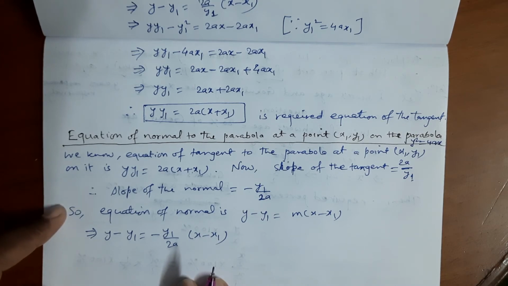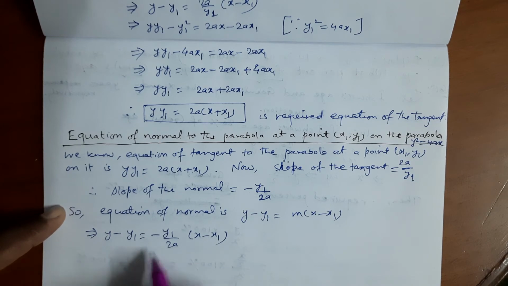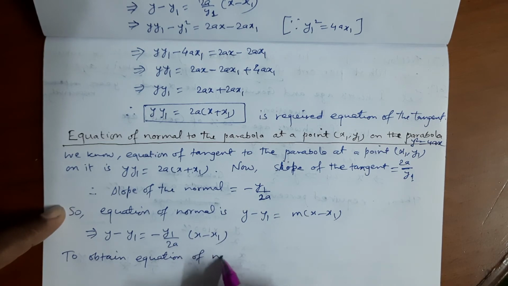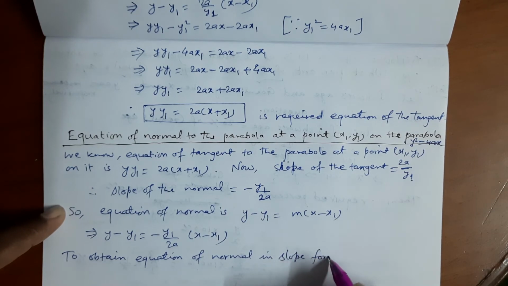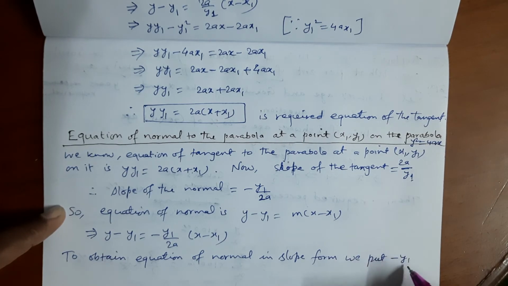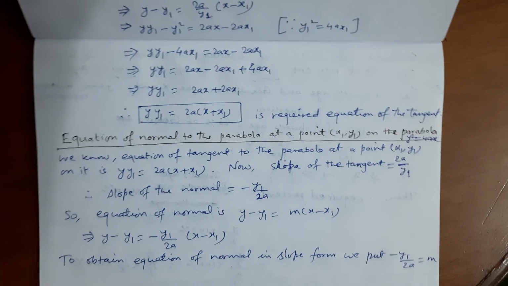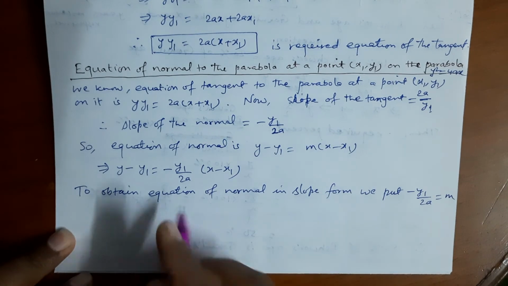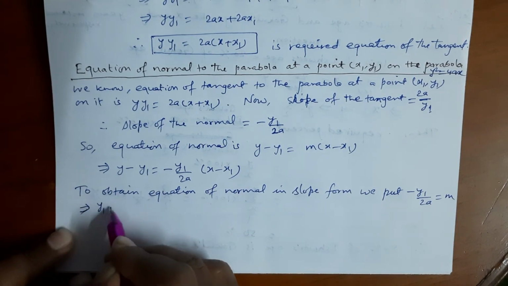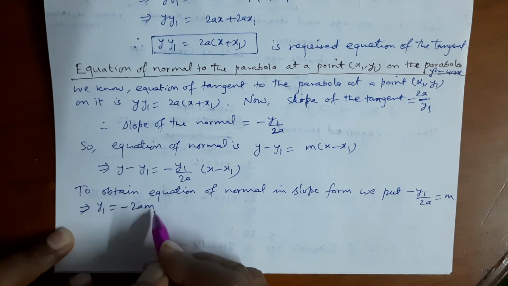To obtain the equation of normal in slope form, we put minus y1 over 2a equals m. This implies y1 equals minus 2am.